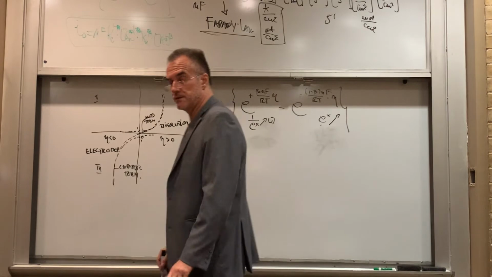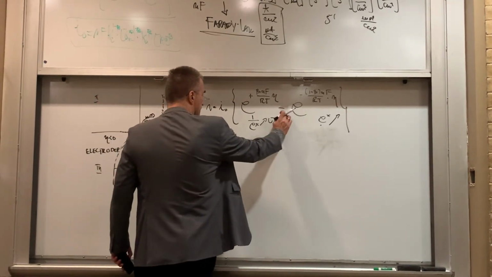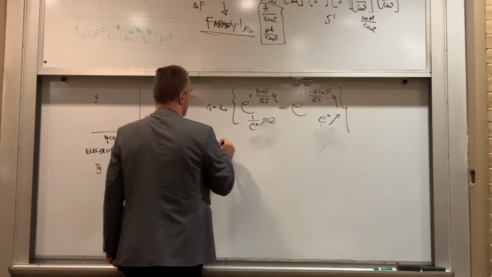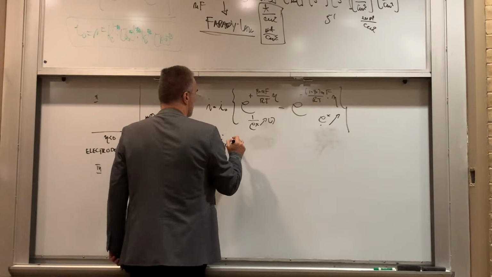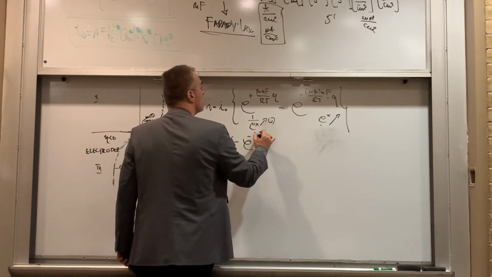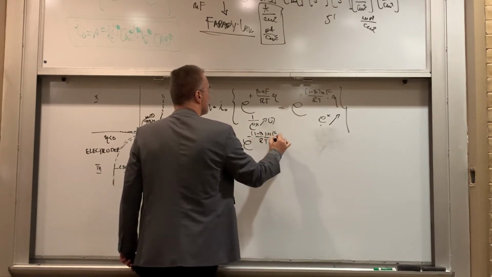So in reality, what you're really looking at, because of this minus sign, the negative term is much larger, so I is equal to minus I naught e to the minus (1 minus beta) n F eta over RT.